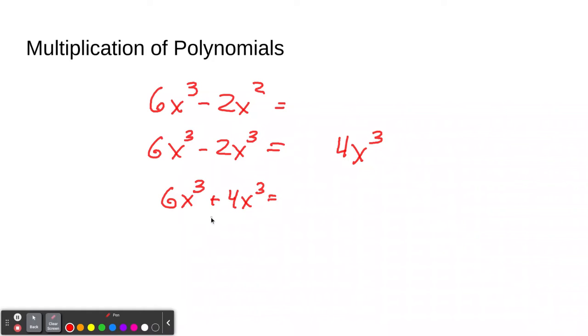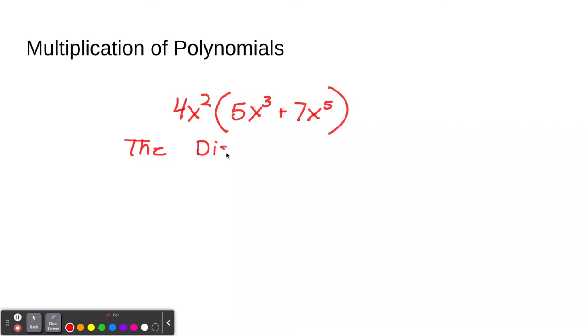Again, same variables, same powers, so it'll be 10x cubed. So again, if they don't have the same variable and the same power, then you can't combine them. If you need to go over combining like terms, look at the other videos in the series so far. So let's clear that out and do multiplication of polynomials.